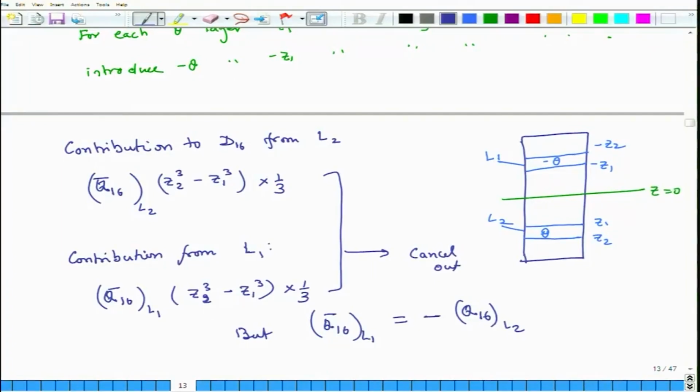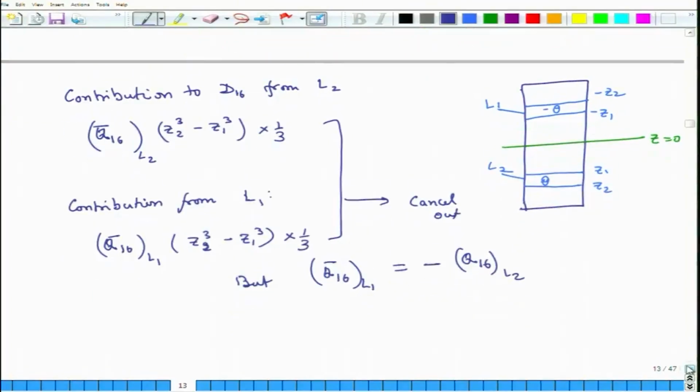So, if for every theta layer I have another negative theta layer on the other side of the mid plane, then the contributions are going to cancel out. So, in this case, D16 and D26 will be 0. So, overall D16, D26 can be made 0.